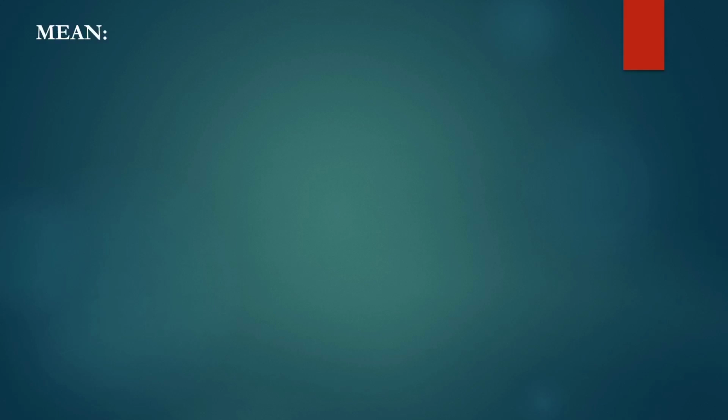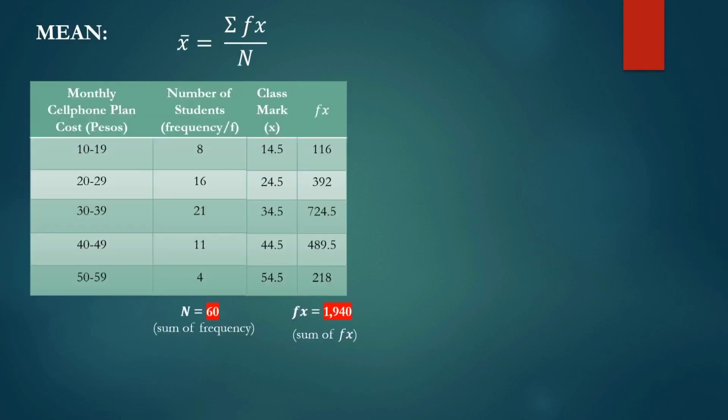And now, let's continue on how to compute the mean of grouped data. This is the formula. The columns that are needed are the given, the class mark, and the fx. We don't need the lower boundary and the cumulative frequency in computing the mean.